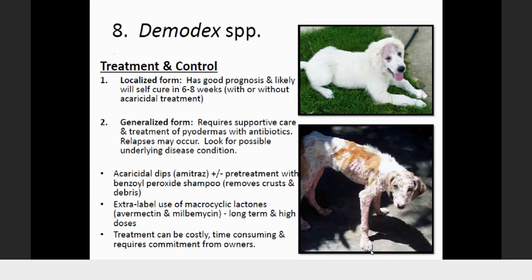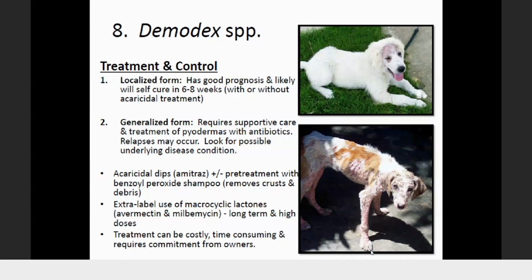Okay, for the other there's localized and also generalized form. The localized form has a good prognosis and likely resolves in 8 weeks with or without the treatment. For generalized form, it requires significant treatment or immunosuppressive antibiotics. Relapses can occur and lead to forces of underlying disease condition.